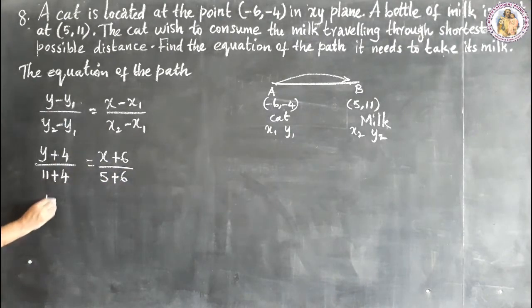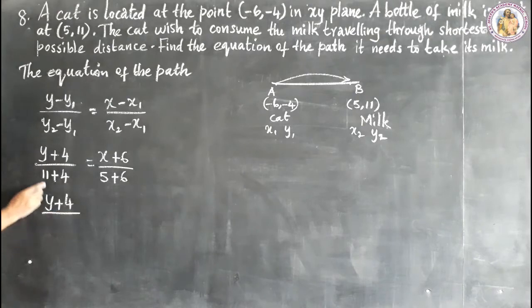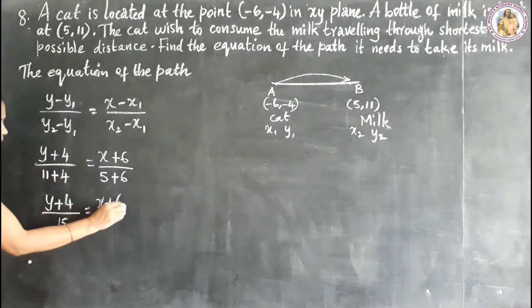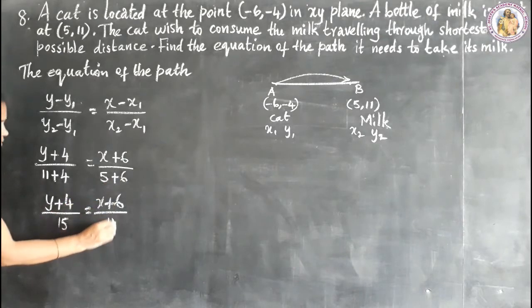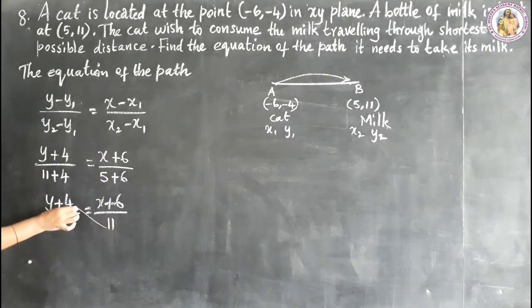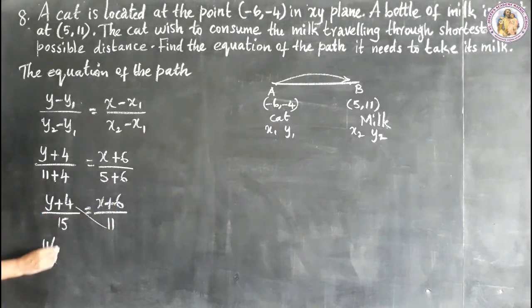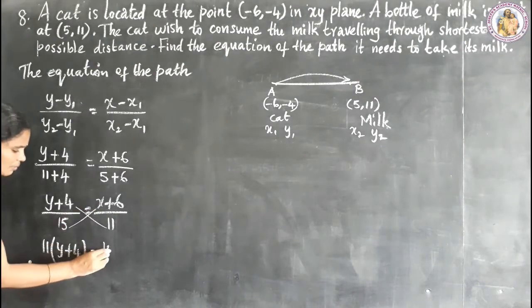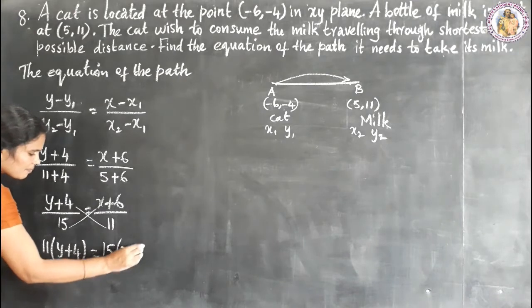Now y plus 4 divided by 11 plus 4, that is 15, is equal to x plus 6 divided by 5 plus 6, that is 11. Now cross multiply: 11 within bracket y plus 4 is equal to 15 within bracket x plus 6.